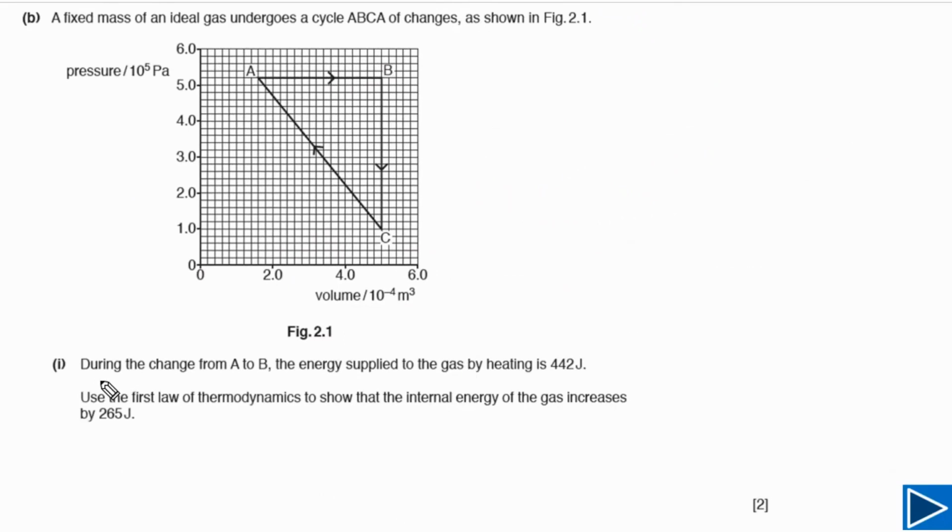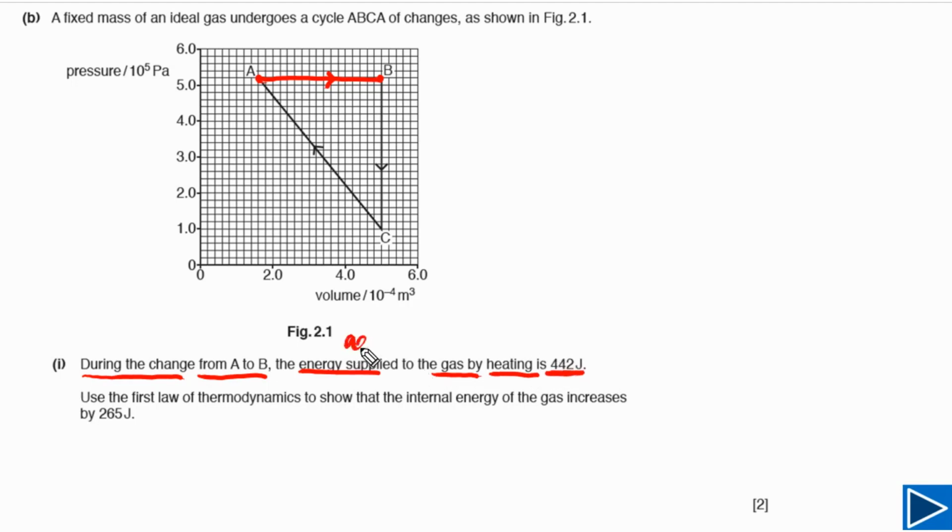For part B1, the question is telling us that during the change from A to B, as you can see here, A is here and B is here. During this change from A to B, it is also given to us that the amount of energy supplied to the gas by heating is 442 joules.